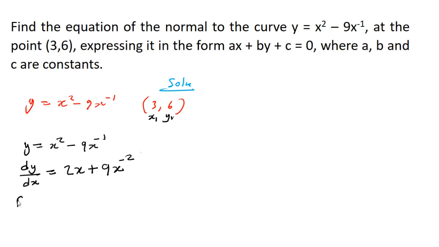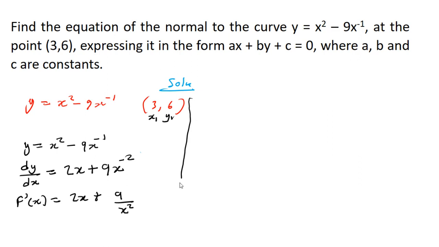So dy dx is the same as f prime of x. Then it's going to be 2x plus, remember this is to the power -2, so this can also be written as 9 over x squared. So this is the gradient function.